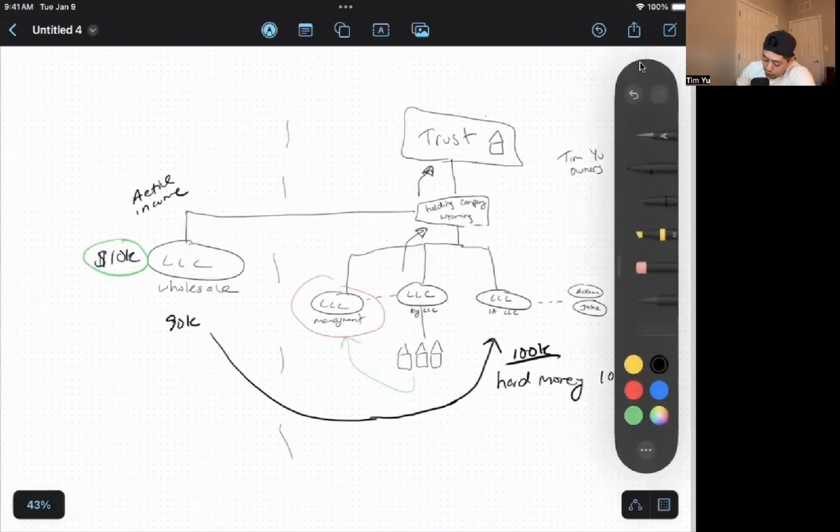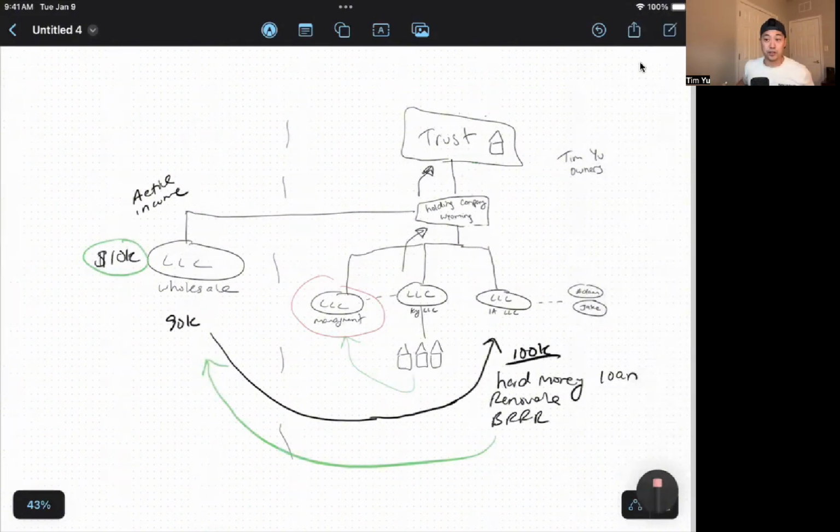And then you're going to renovate and then BRRRR, and you're going to pay back the hard money loan. And now you have a property that you've BRRRRed out, and you've also made $10,000 on your LLC for the wholesale business. So you're basically using your own corporate structure to pay yourself, right?